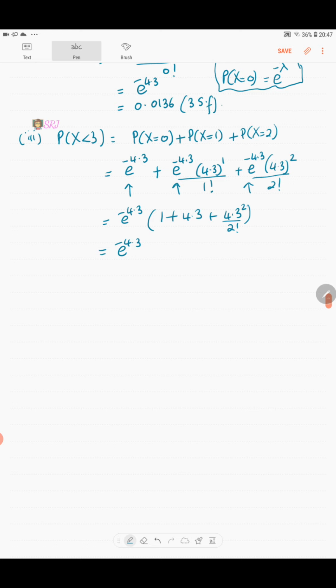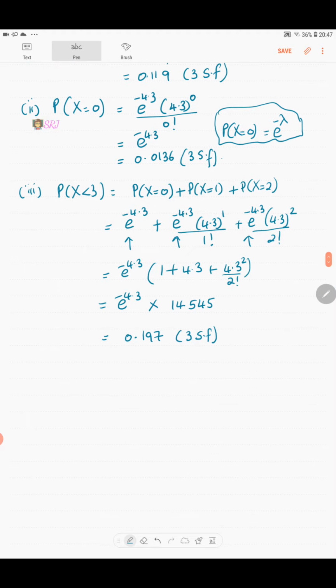So inside the bracket, we have 14.545, which we multiply by e power minus 4.3, and we obtain 0.197, again to 3 significant figures.